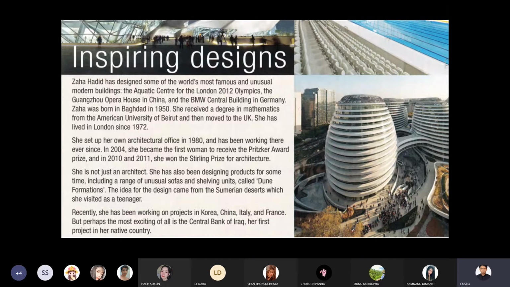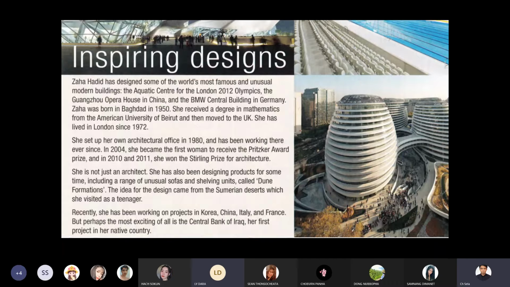Dara, can you read, please? Inspiring design. Zaha had designed some of the world's most famous and unusual modern buildings. The Aquatics Centre for the London 2012 Olympics, the Guangzhou Opera House in China, and the BMW Central Building in Germany. Zaha was born in Baghdad in 1950.